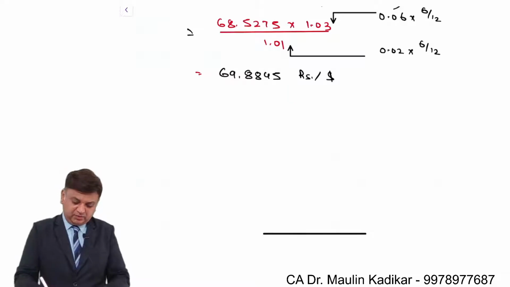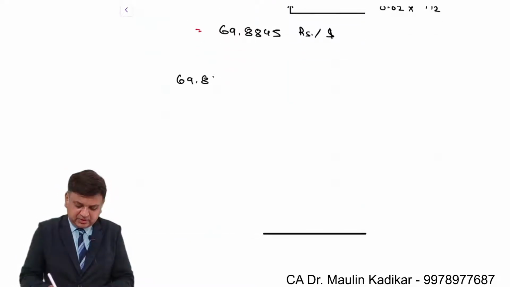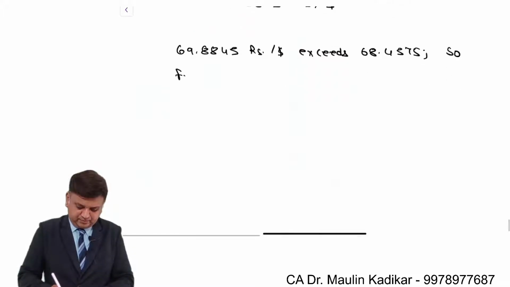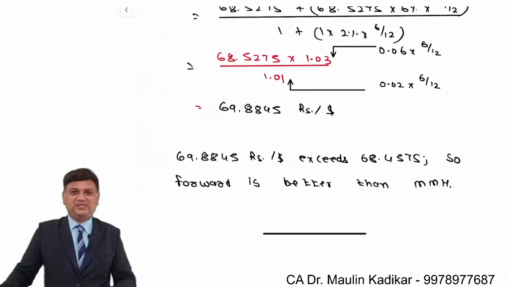With paragraph write down: 69.8845 rupees per dollar exceeds 68.4575. So forward is better than money market hedge. This is what we understand.